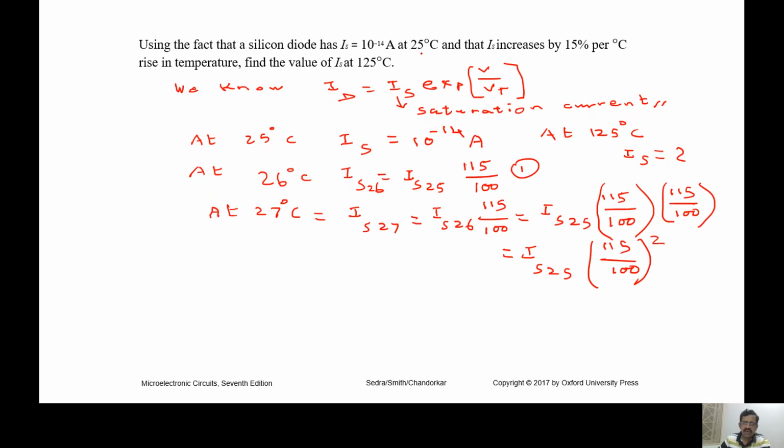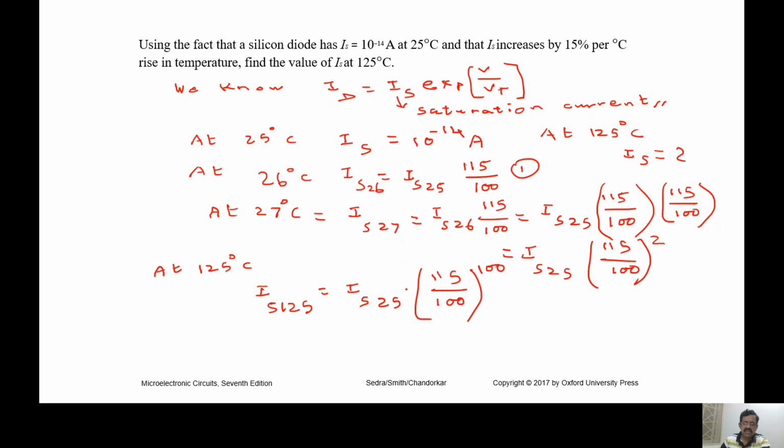From rising from 25 degrees to 125 degrees, the temperature changes by 100 degrees centigrade. So for 2 degrees centigrade you get the power 2, and for a 100 degree centigrade increase, you will get the power 100. So at 125 degrees centigrade, IS125 will become IS25 times 115 by 100 to the power 100.